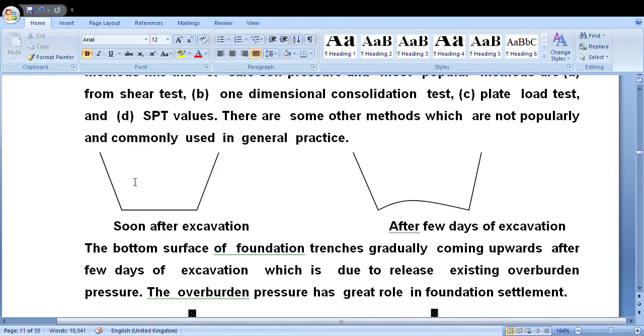There may be some soil blowing, soil heave, soil slopes. There are a lot of problems.